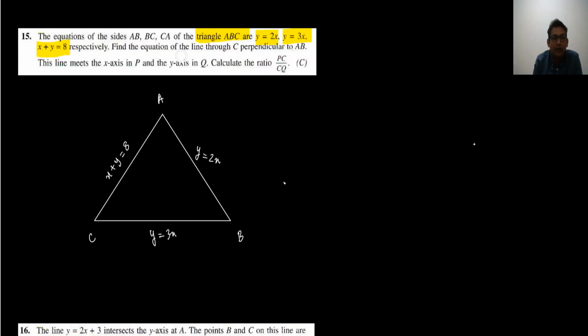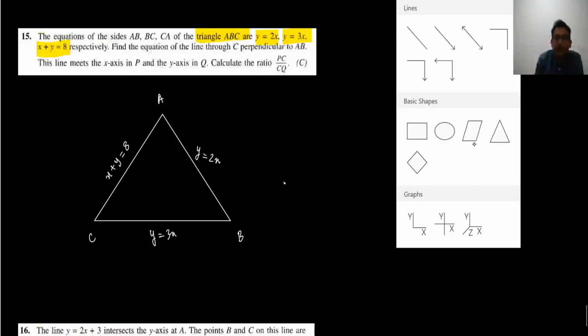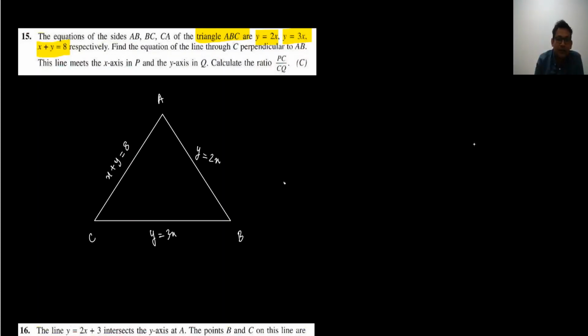We need to find the equation of a line through C and perpendicular to AB. It means we need to draw another line passing through C and perpendicular like this. Perpendicular means this is 90 degrees here, and this is C's coordinates.